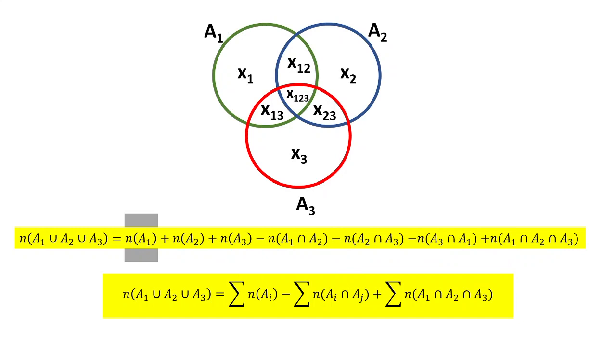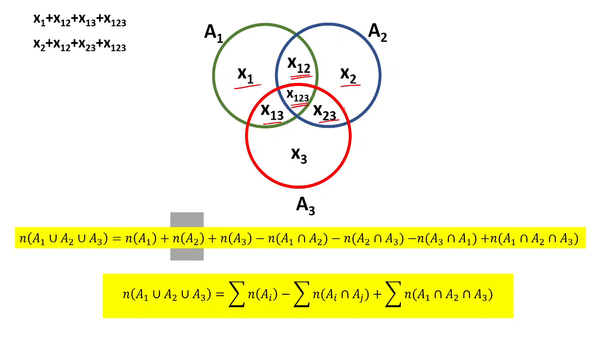So when you are taking NA1, you are taking all these x's. Then when you are taking NA2, you are taking all these x's. So already you see that some of them are getting added twice, but that would be accounted for later in the formula. When you take A3, then you take all the x's with 3 in them.